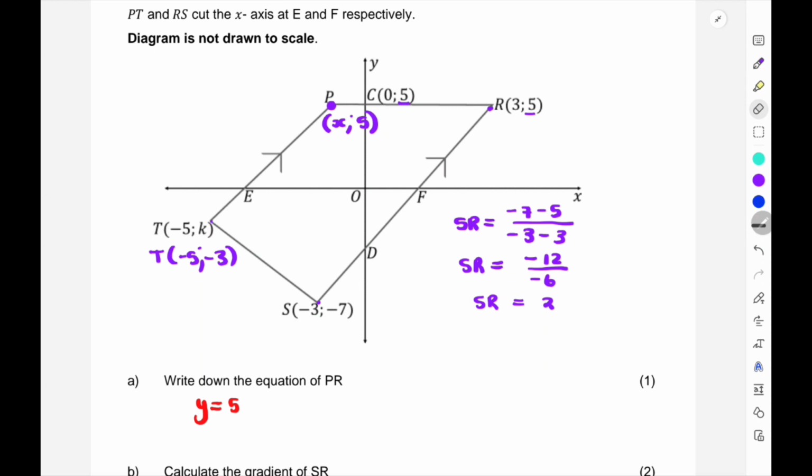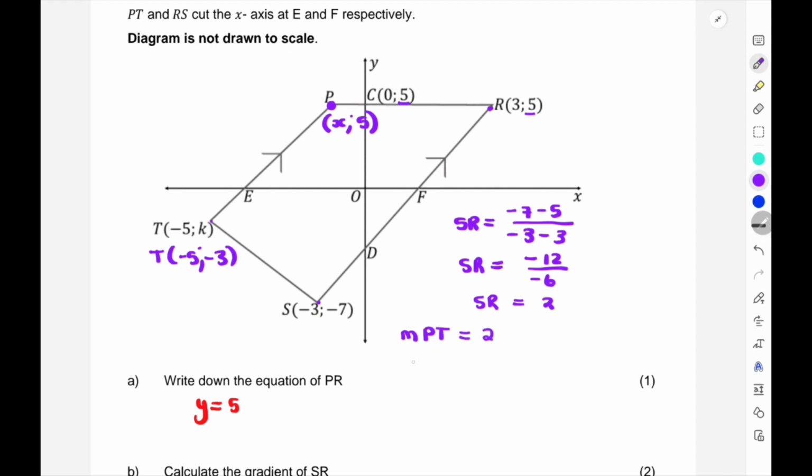We could use that and know that y is equal to 2x plus c. Okay, so no, I'm not going to go that route. Perhaps you could have. There are so many ways of doing this. So I know the gradient of PT will also be 2.